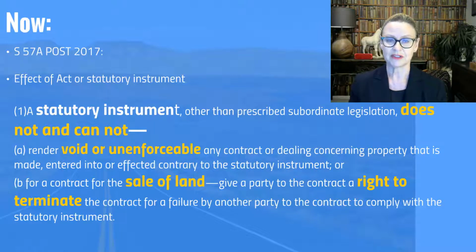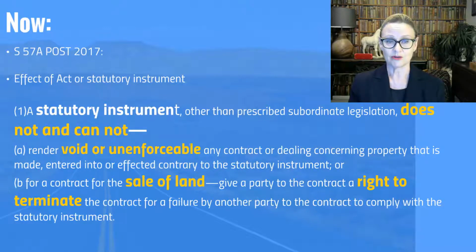A statutory instrument other than prescribed subordinate legislation does not and cannot: A, render void or unenforceable any contract or dealing concerning property that is made, entered into, or effected contrary to the statutory instrument. So if you do something contrary to a statutory instrument, or fail to do something that is required by it, it cannot render your contract void.